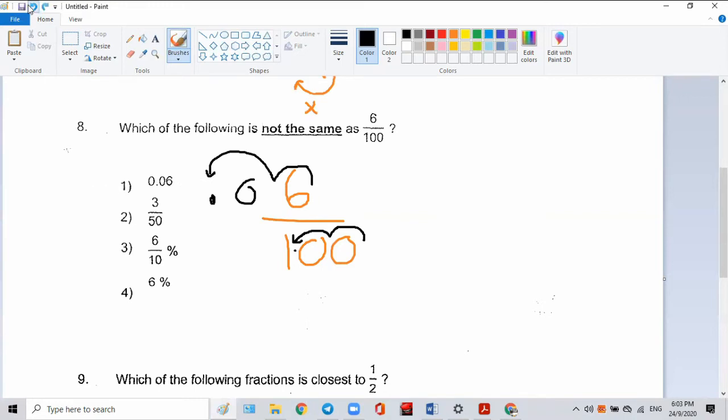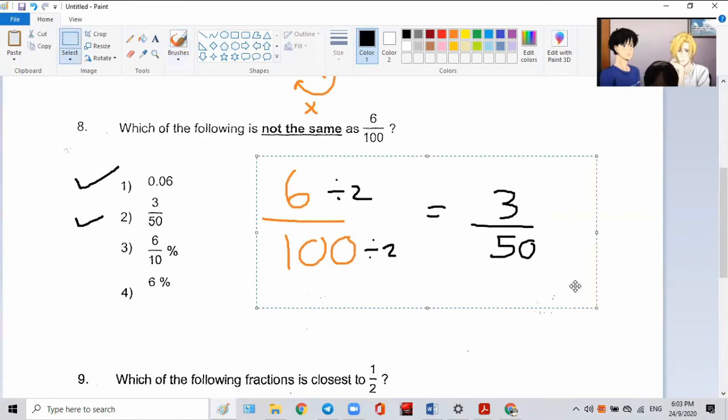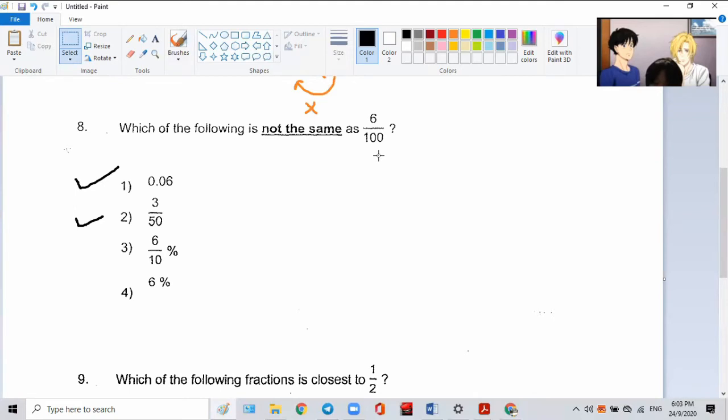So the next one. 6 over 100, so 6 divided by 2 is 3, and 100 divided by 2 is 50, so 3 over 50. So is number 2 the same? Yes. I'm looking for not the same, okay?